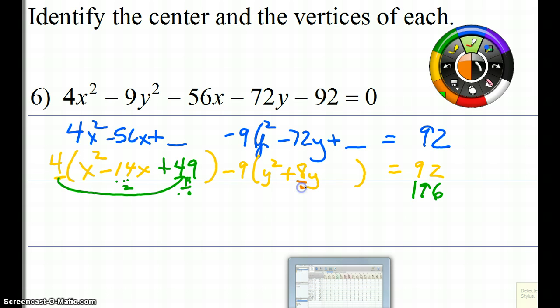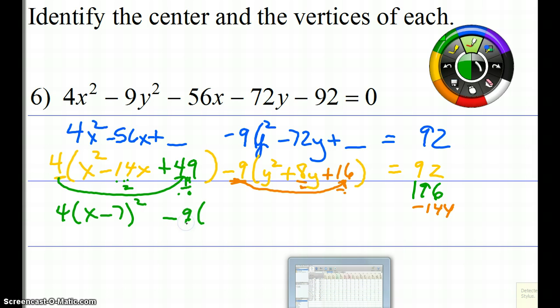Half of 8 is 4. Square it, we get a 16. But now this is where you have to be careful. Negative 9 times 16 is 144, but it's a negative 144. So complete the square. Half of 14 is our 7.